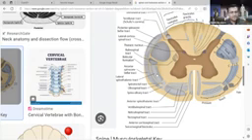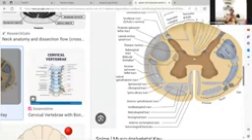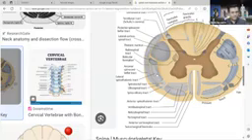65 to 70% of the pyramidal fibers descend to the opposite side, meaning crossed pyramidal fibers, and the rest, 30 to 35%, descend on the same side of the spinal cord. From the spinal cord, these fibers travel to different organs of the body through spinal nerves and all the cranial nerves except the third, fourth, and sixth. Have you remembered the names of the 12 cranial nerves?